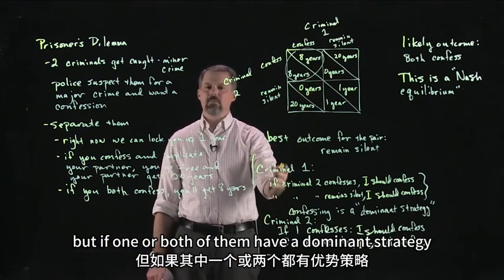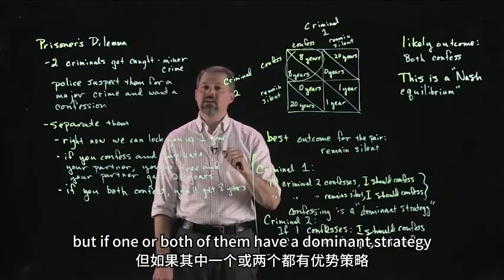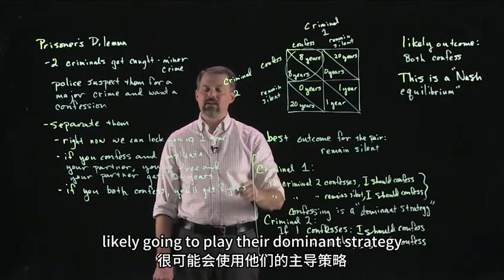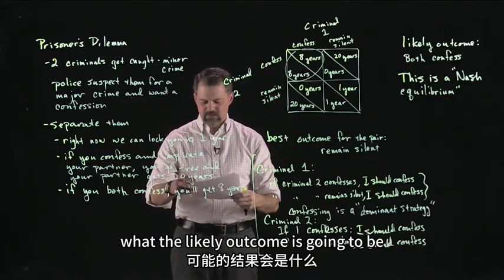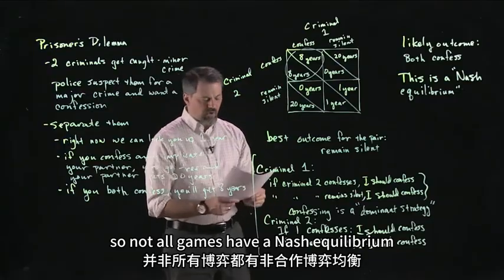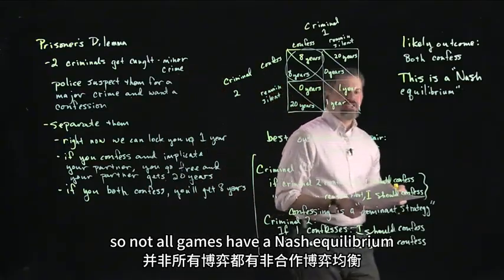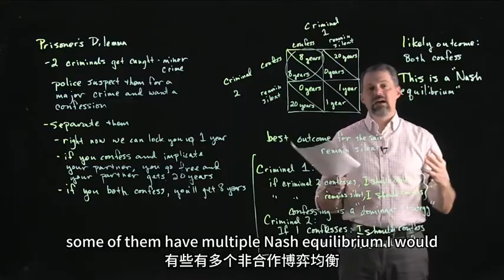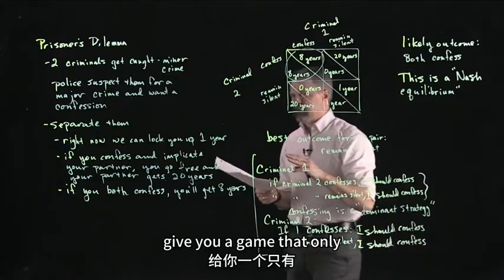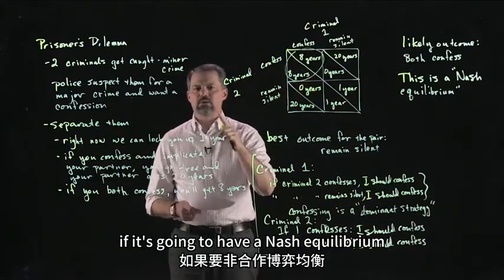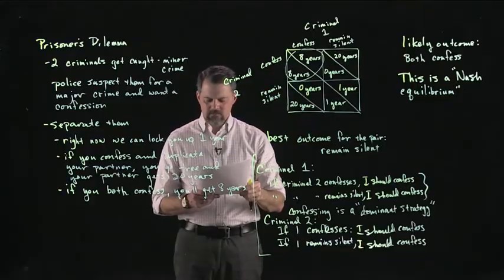But if one or both of them have a dominant strategy, then they're likely going to play their dominant strategy, and then you can figure out what the likely outcome is going to be. So not all games have a Nash equilibrium. Some of them have multiple Nash equilibria. I would give you a game that, only if it's going to have a Nash equilibrium, it would have one.